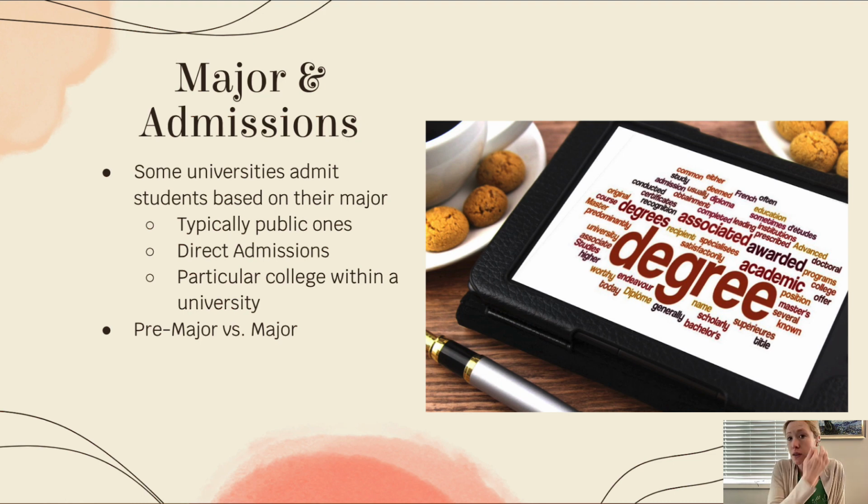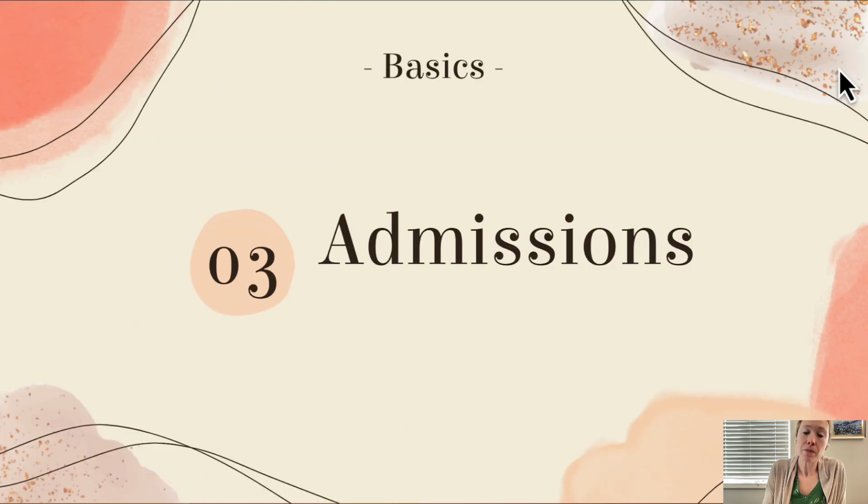But because so many people are that much more competitive for their nursing major or their computer science major, you might not get in. So it influences how a student would create their college list, essentially.